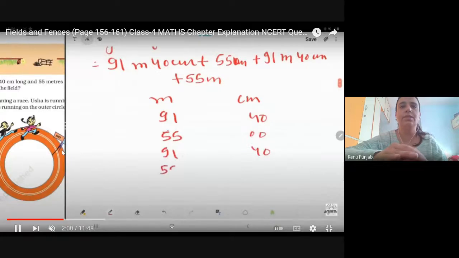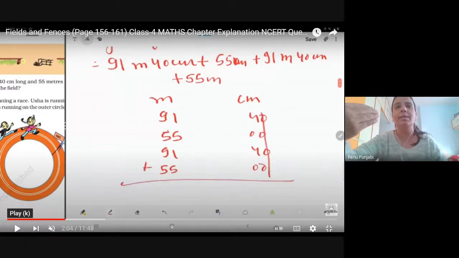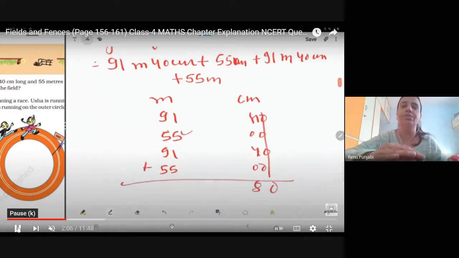Please solve this in your notebook or textbook, because there are 2 lengths and 2 breadths, or you can add 1 length and 1 breadth and multiply by 2, and it will be the same answer. Any confusion to any child?